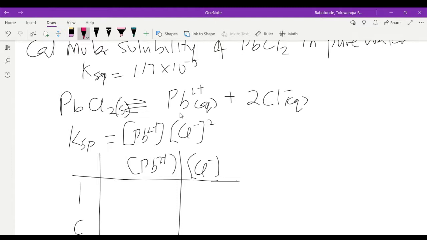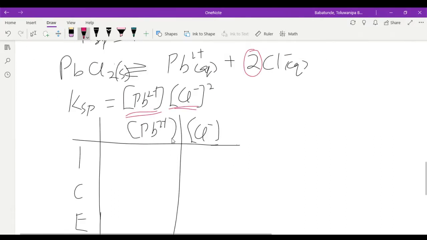So we can write the Ksp for this equation to be the concentration of the lead ion times the concentration of the chloride raised to power 2, because we have this 2 here.